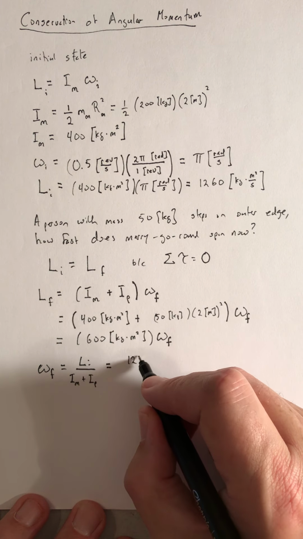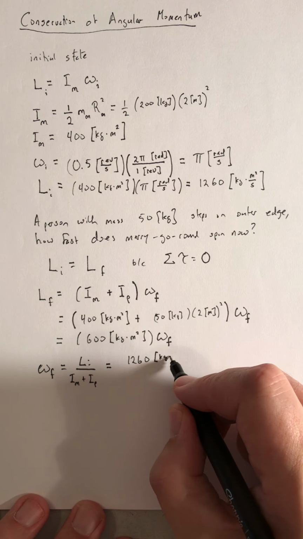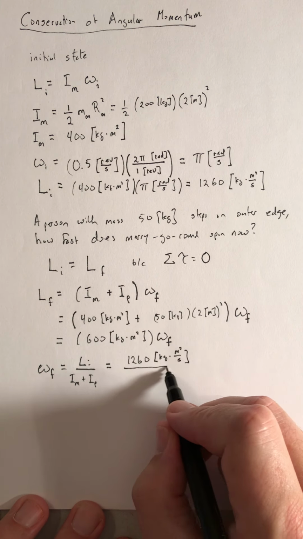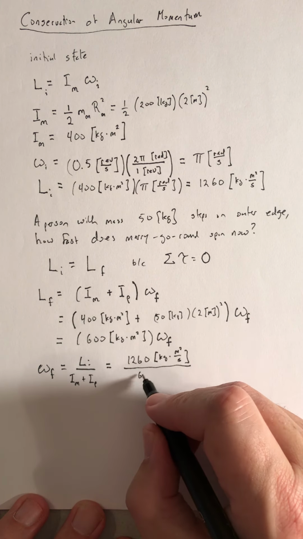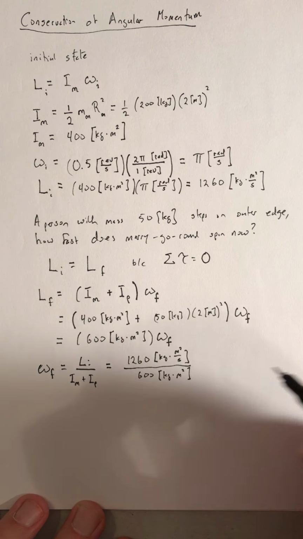I'm going to have 1260 kilogram meters squared per second over 600 kilogram meters squared.